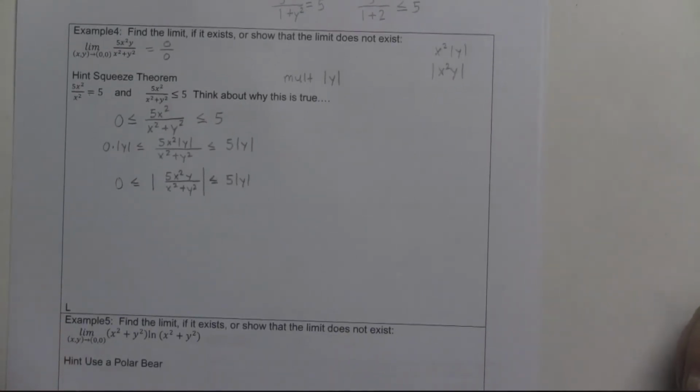So you can take the limit. That's kind of how I think of the sandwich theorem or the squeeze theorem: after I get my inequality, I'm taking the limit of all three sides.